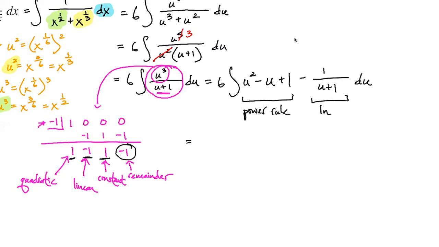So this gives me 6 times the integral of u squared is 1/3 u cubed, minus the integral of u is 1/2 u squared, plus the integral of 1 is u, minus the integral of 1 over u plus 1 is the natural log of u plus 1.